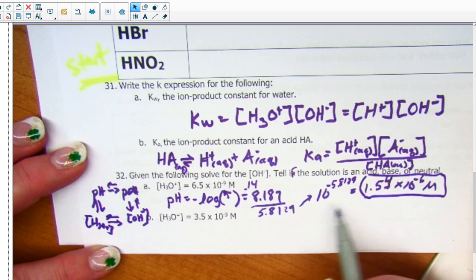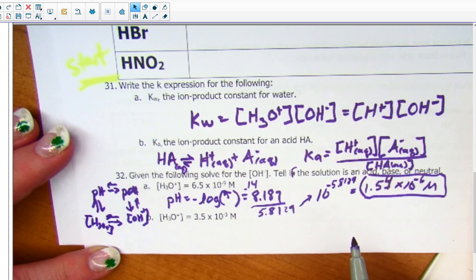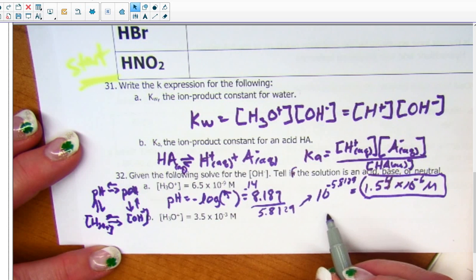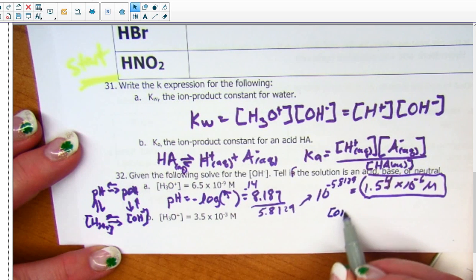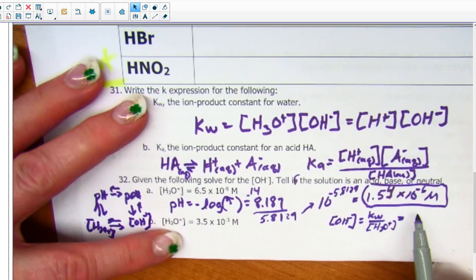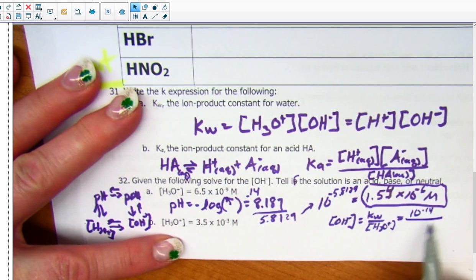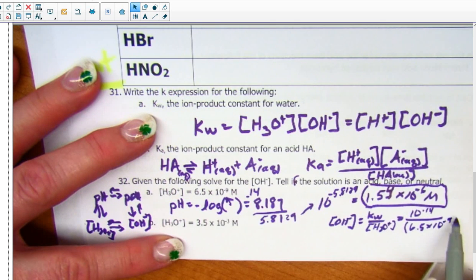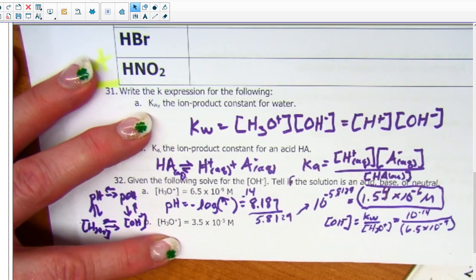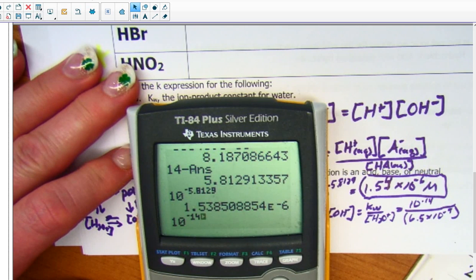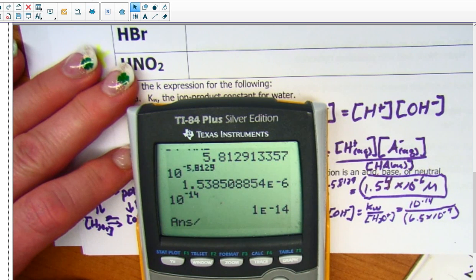That's an answer. Now you can also, and you can do this, it's simpler, it takes less time, but you have to be careful. We can find the concentration of hydroxide by taking Kw divided by H3O+. So Kw is 10 to the minus 14, and we would divide it by, in parentheses, 6.5 times 10 to the minus 9, close parentheses. And we will get the same thing. So let me put it through for you. 10 to the negative 14, enter, divided by, and this is where you have to have the parentheses.